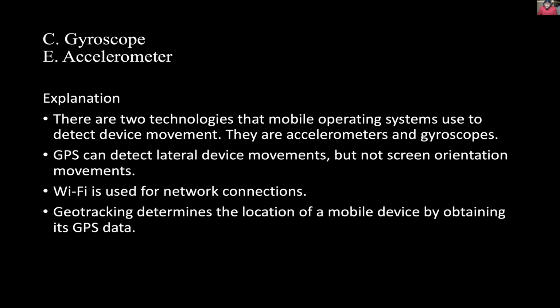They are accelerometers and gyroscopes. GPS can detect lateral device movement but not screen orientation movement. Wi-Fi is used for network connection. Geo-tracking determines the location of a mobile device by obtaining its GPS data.